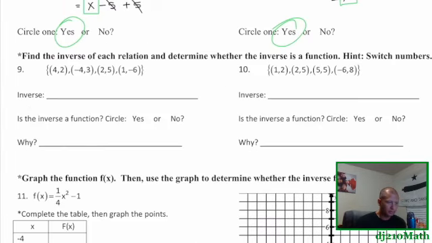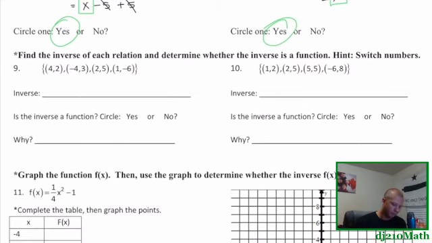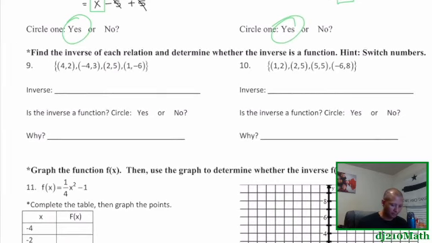All right, number 9. We want to find the inverse of each relation and determine whether the inverse is a function. Hint: switch the numbers. Here we have a set of ordered pairs.